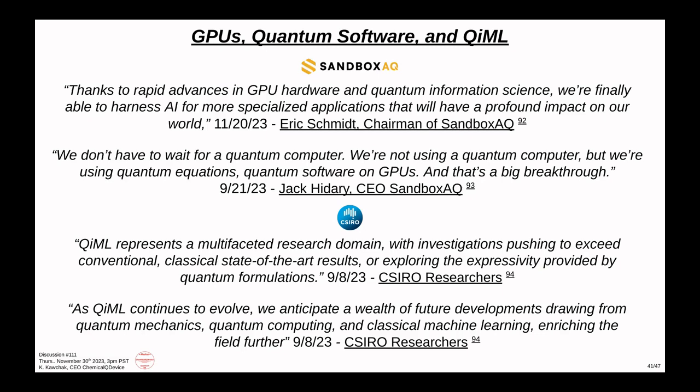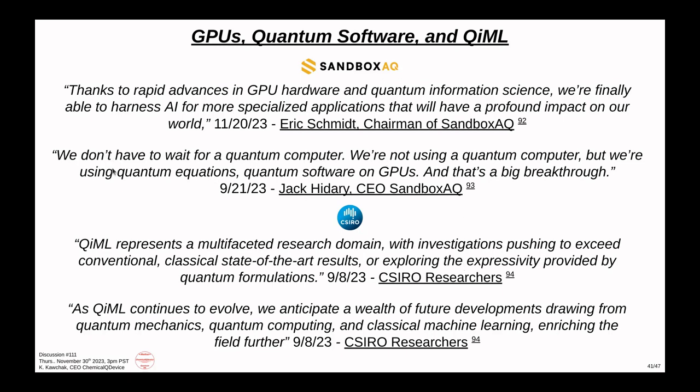And then here's a fair number of quotes, basically from Eric Schmidt. So this is Google's Eric Schmidt. He says, thanks to rapid advances in GPU hardware and quantum information science, we're finally able to harness AI for more specialized applications that will have a profound impact on our world. He is now the chairman of Sandbox AQ, and Jack Hidary, I've shared this quote before, about using all of this on GPUs, that was in another Sandbox AQ.